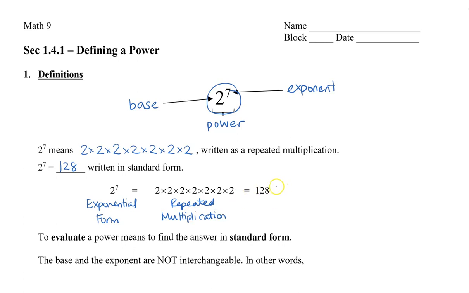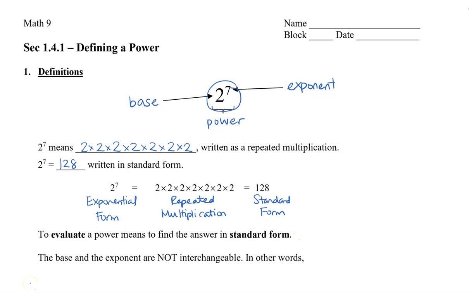And then once we multiply all of these numbers together, we have 128, which is called standard form. So when you see the instruction to evaluate a power, that means to find the answer in standard form.